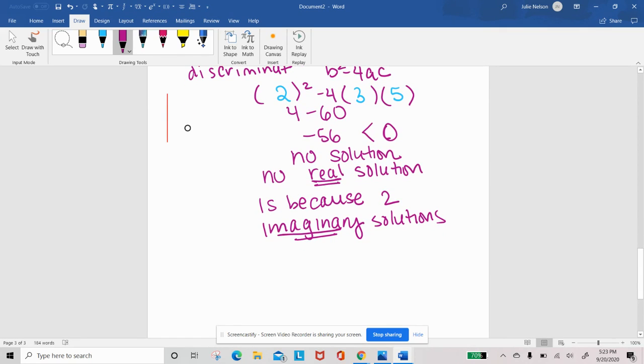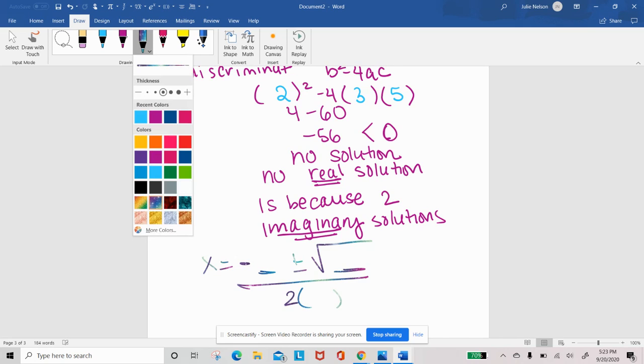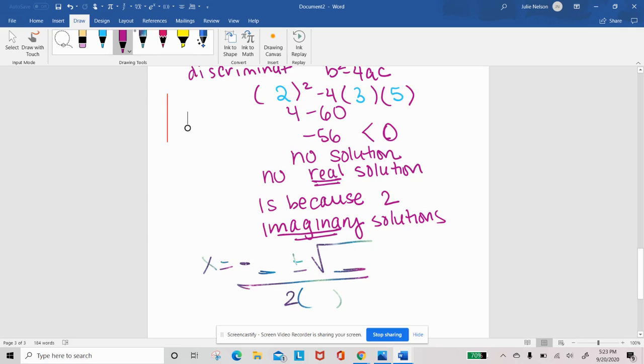So now I'm going to use the quadratic formula, which says x equals negative b plus or minus the square root of the discriminant all over 2 times a. So x equals negative b, b is 2, plus or minus the square root of the discriminant, which is negative 56, all over 2 times a, and a is 3.